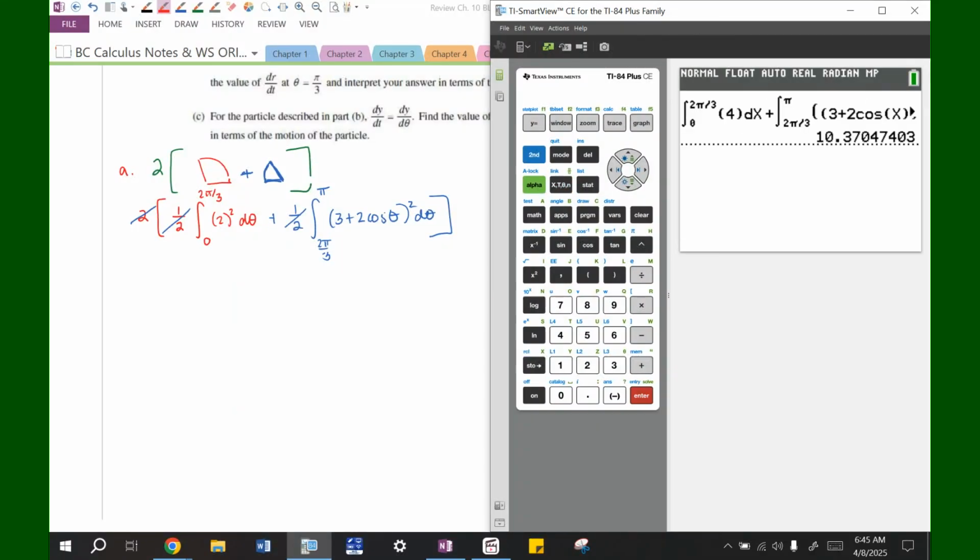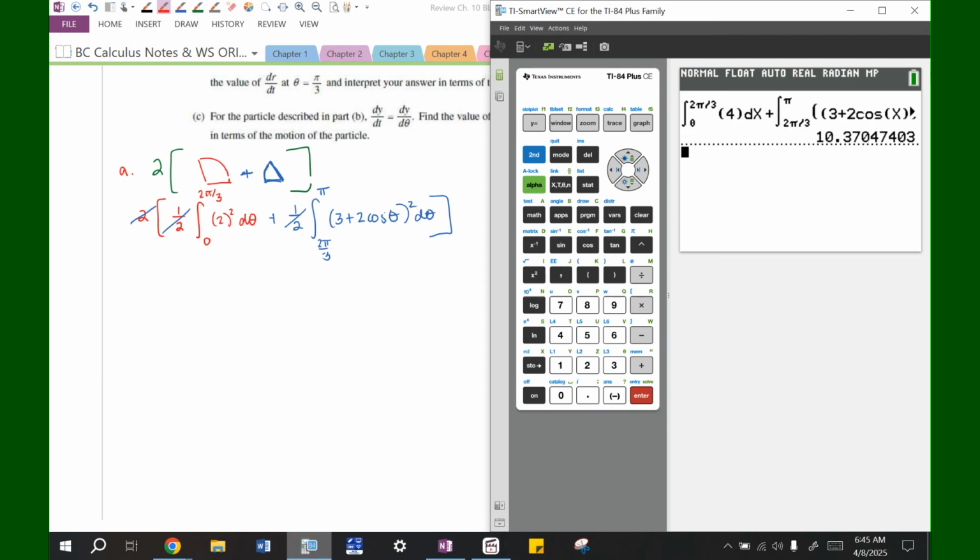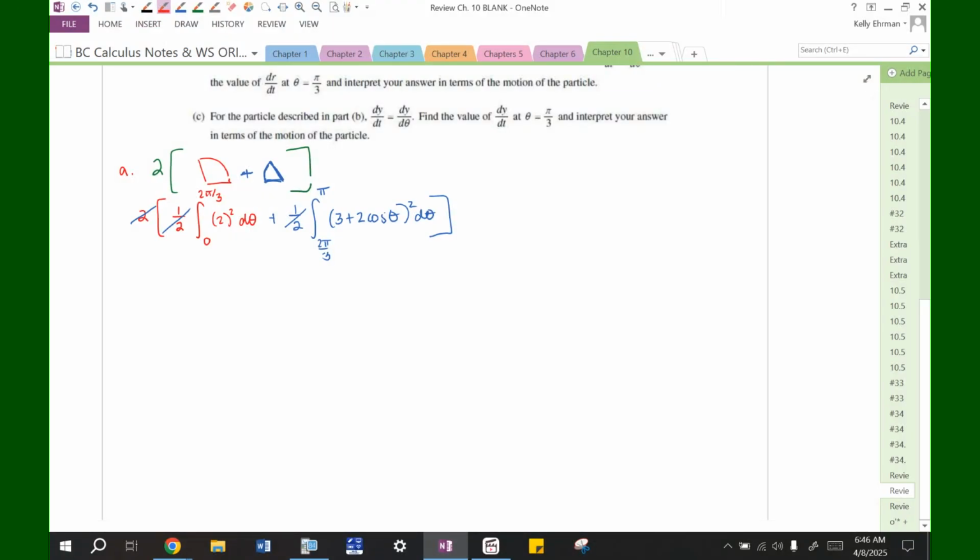You can also put these two expressions into your y1 and y2, and do y1 squared plus y2 squared, or whatever. All right, so I'm getting 10.370. So that's my final area for part A.